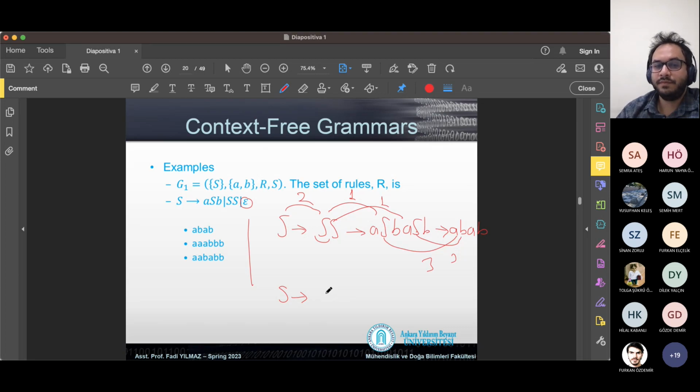You want to try it? So AB is gonna be S, then epsilon. This AA and BB. S becomes SS. So this S becomes ASB, and this S becomes SS.